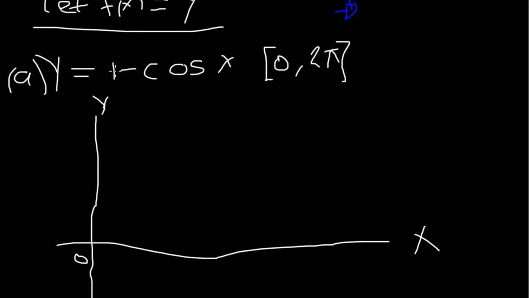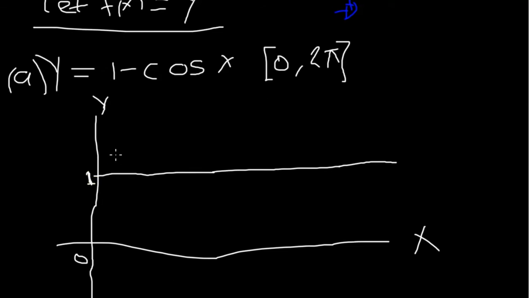And then this is 1. So I'll draw a line on 1. This is the shift I'm drawing. If it was negative, I would have drawn it below the x-axis. Now since it's positive, it's supposed to be on top there. So this is my 1.